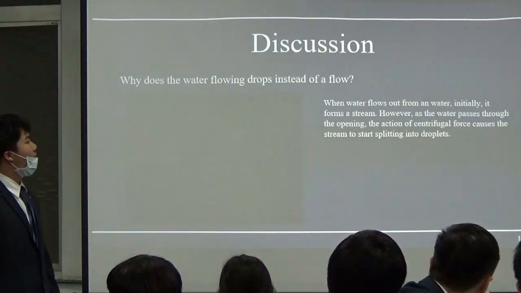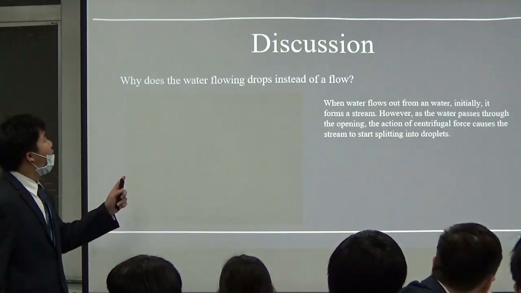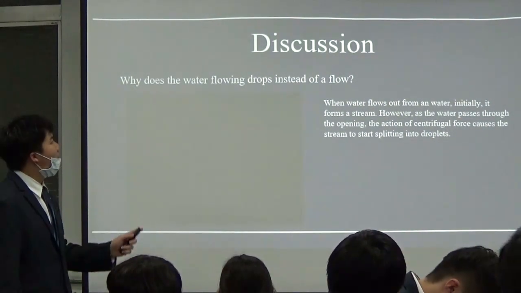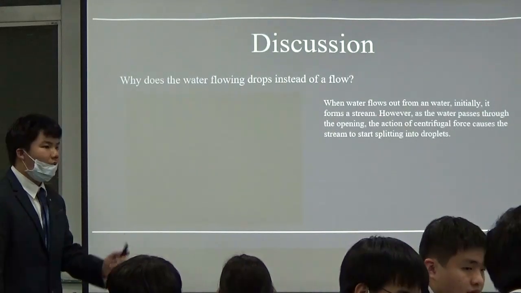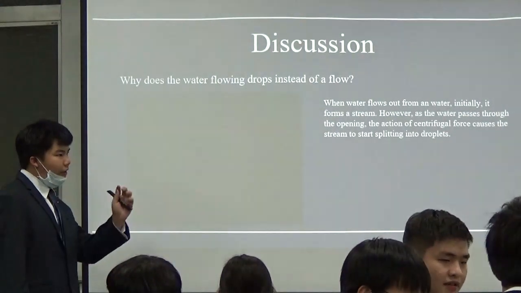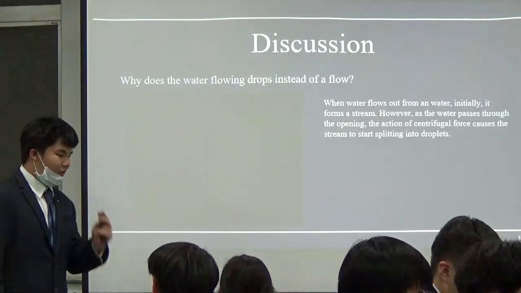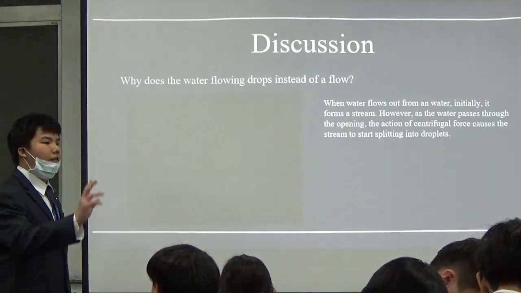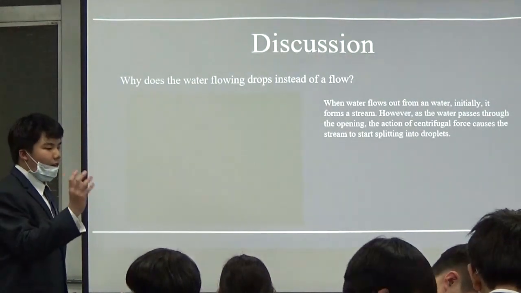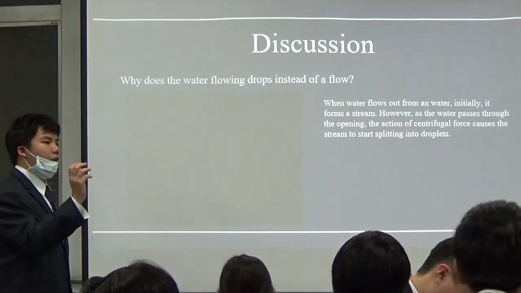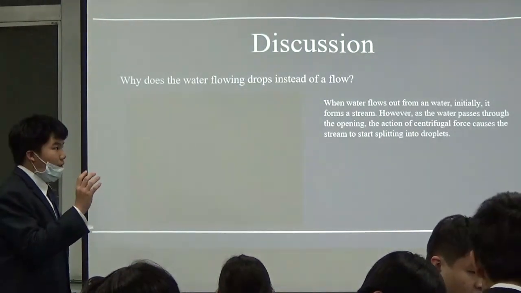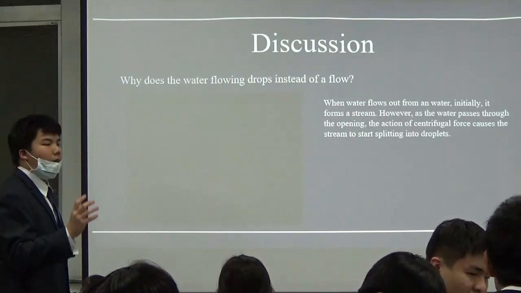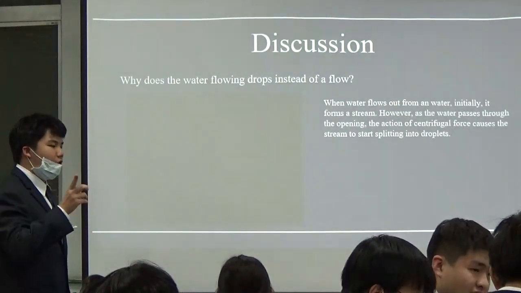And this is my discussion. Why is the water flowing out drops instead of a stream? When you see your straw pumping, you see many drops flowing out from the straw instead of a stream.